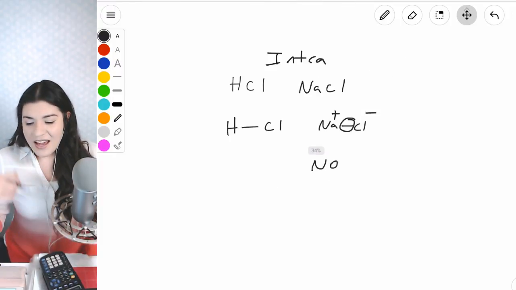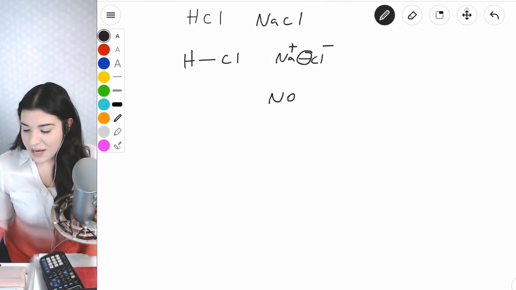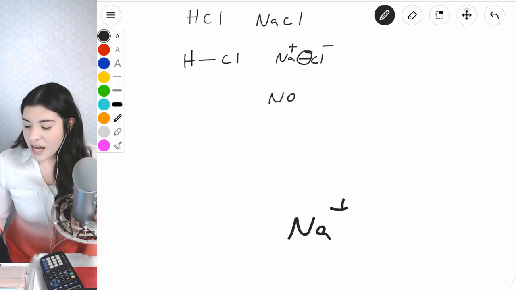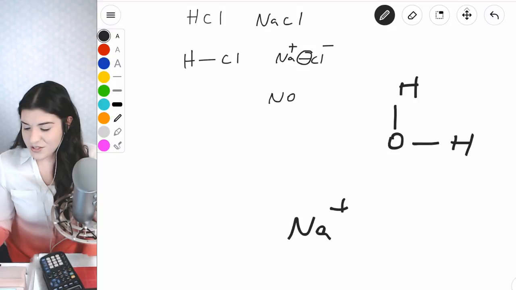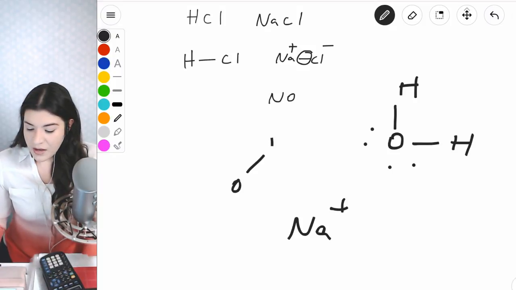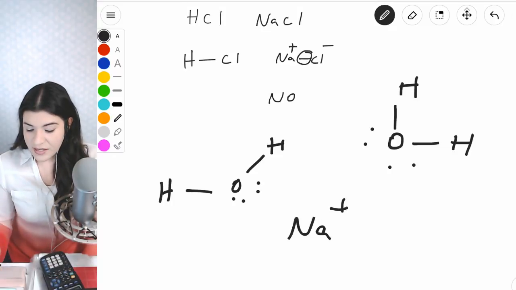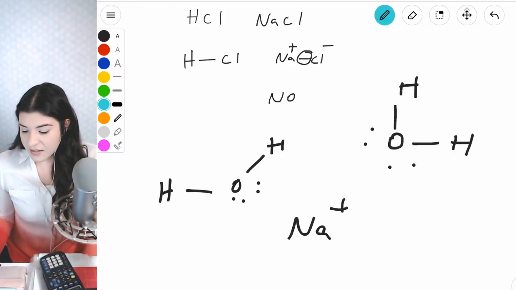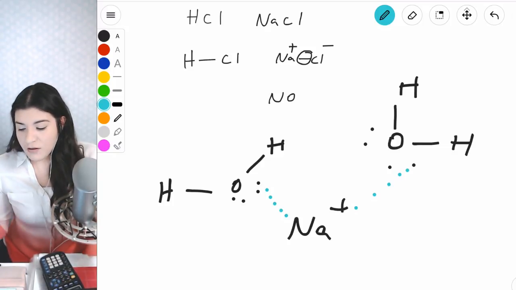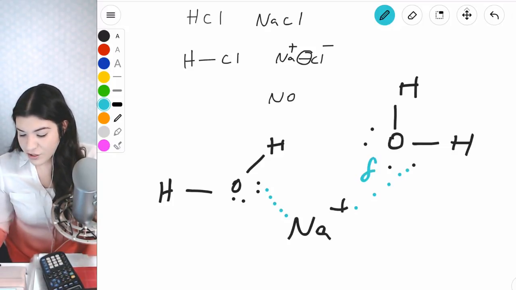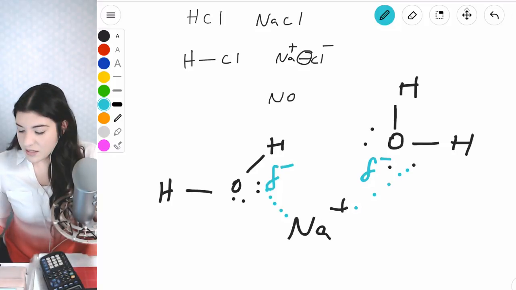Like, let's say I were to look at a metal now, with a positive charge, and how that's going to react with water. And I'm drawing out the Lewis structure of water, by the way. So this would be intermolecular forces, where I'm looking at the attraction between this positive charge and oxygen, being that partially negative charge. So that's essentially the difference.